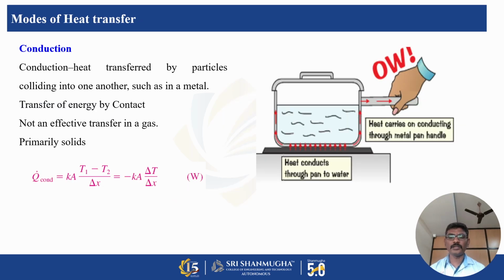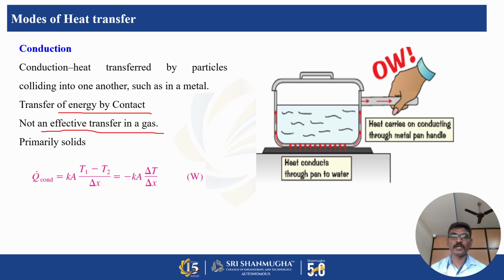Then there are three different modes of heat transfer: conduction, convection, and radiation. Conduction: the heat will be transferred from higher temperature to lower temperature by direct physical contact. Effective conduction heat transfer takes place only in solid to solid.